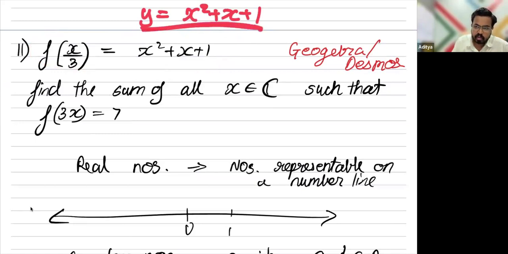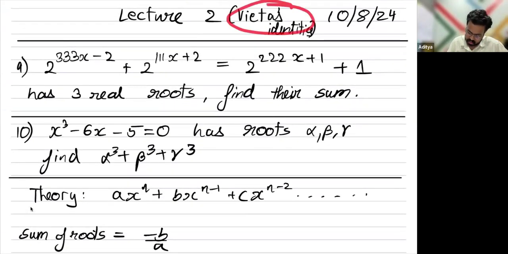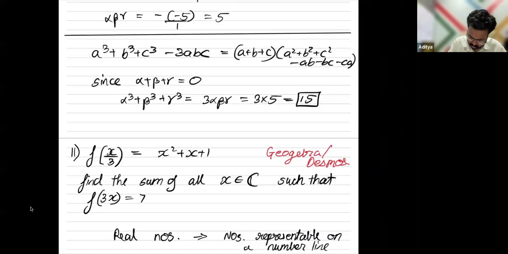If you try plotting this, you'll find that this never will intersect the x-axis. This doesn't have real roots, but it will have roots that exist in the set of complex numbers. When I talk about Vieta's identities, these statements are true for all the roots for your equation.